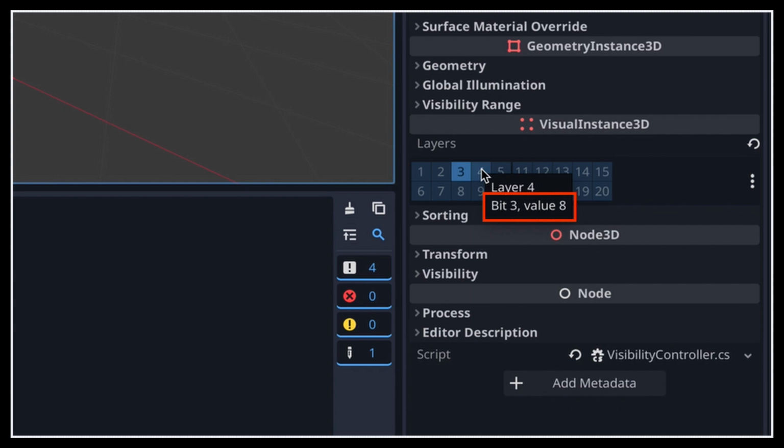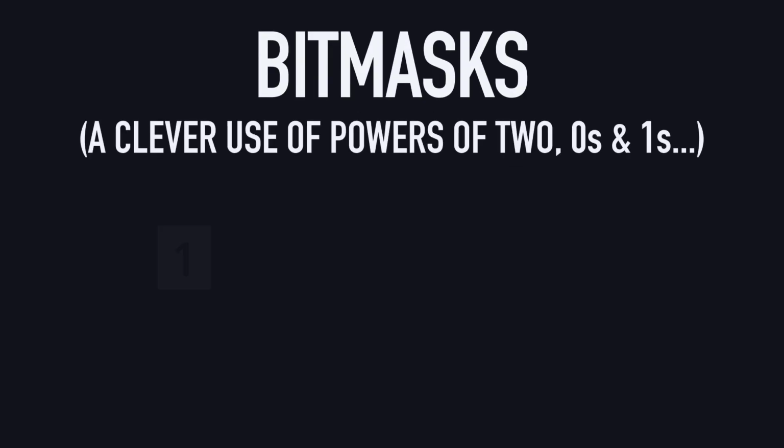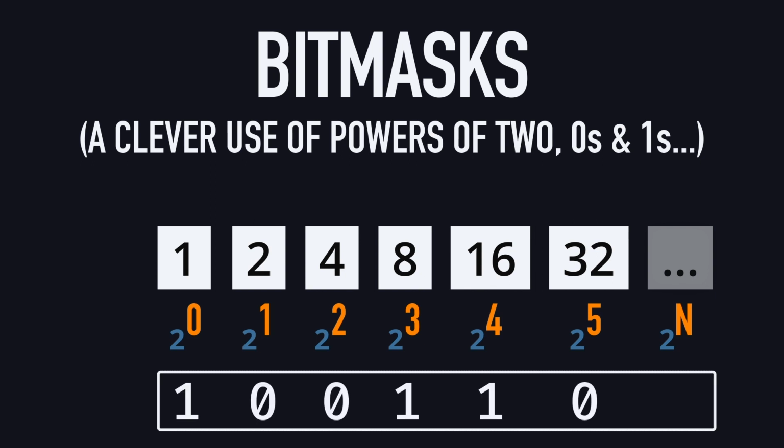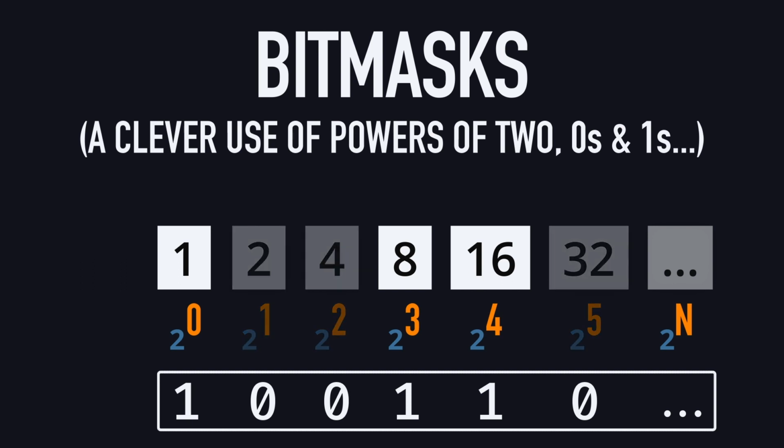Now, if you're not too familiar with powers of 2 and bit masks, the gist is just that you put all the powers of 2 next to one another, and then you number them starting from 0. And finally, your bit mask is just a series of zeros and ones that tells the engine which slots are enabled and which ones are disabled, since ultimately the value of the mask is the sum of all powers of 2 that are enabled in the mask.